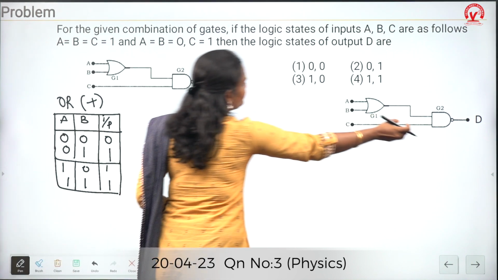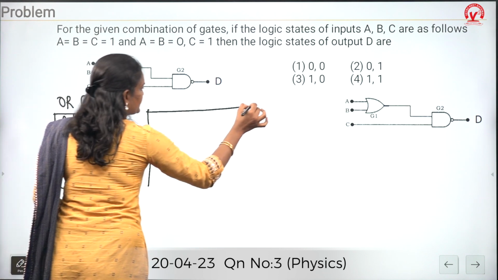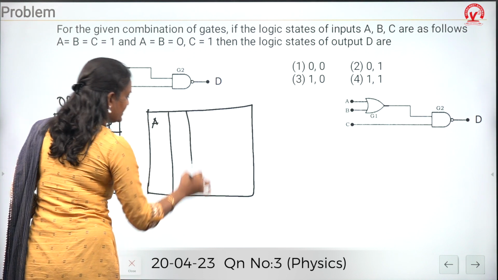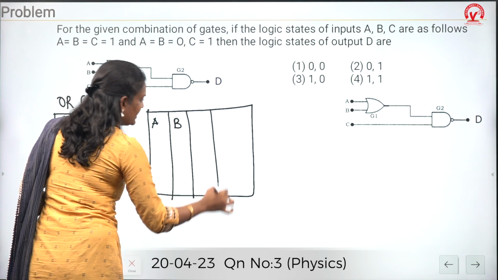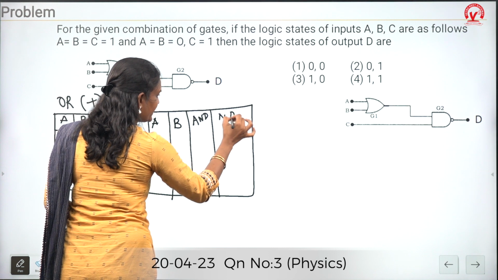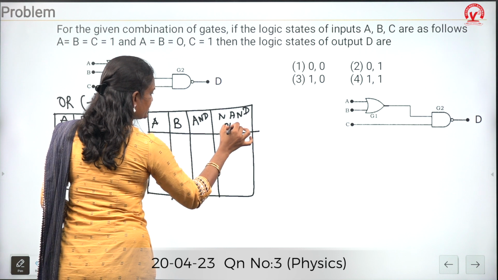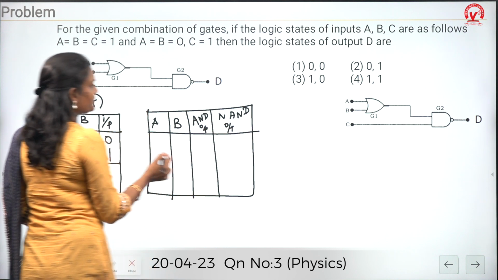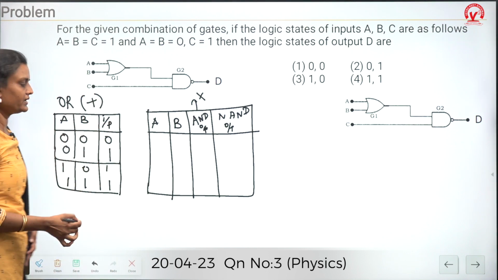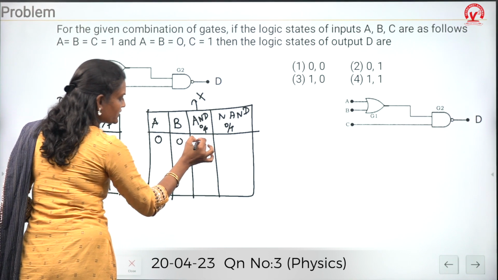Now we write the truth table for the NAND gate. This is A and this one is B, and I will write it first for the AND gate and then we will convert it into NAND. This is the output. For the AND gate, we need to multiply the inputs. Here 0 into 0 is 0.